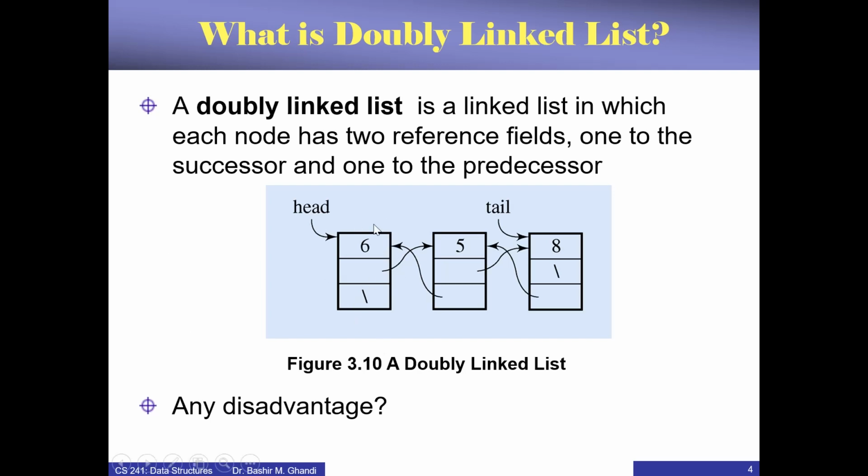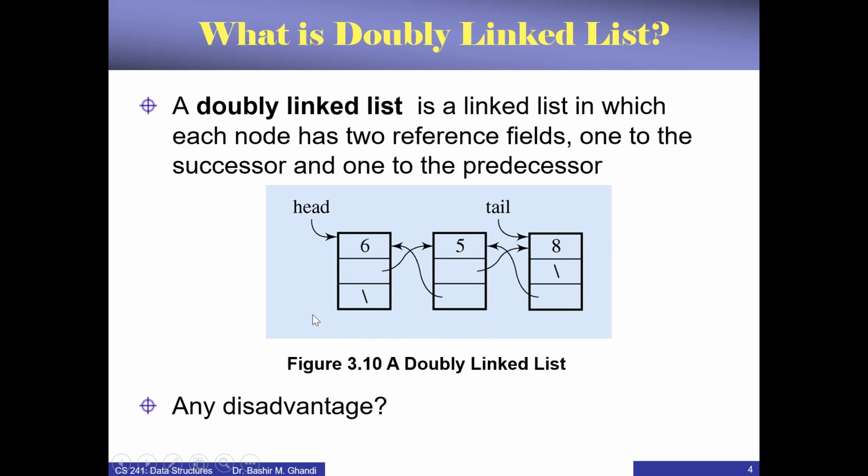It is obvious if you can look at the node. Each node in the doubly linked list has now three variables, not just two: info, next, and prev. In singly, we only had two: info and next.